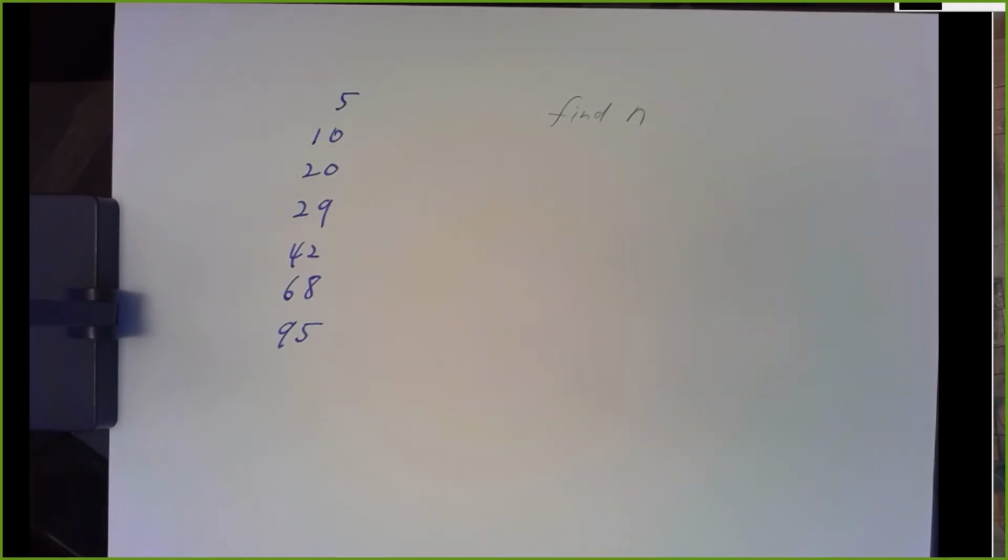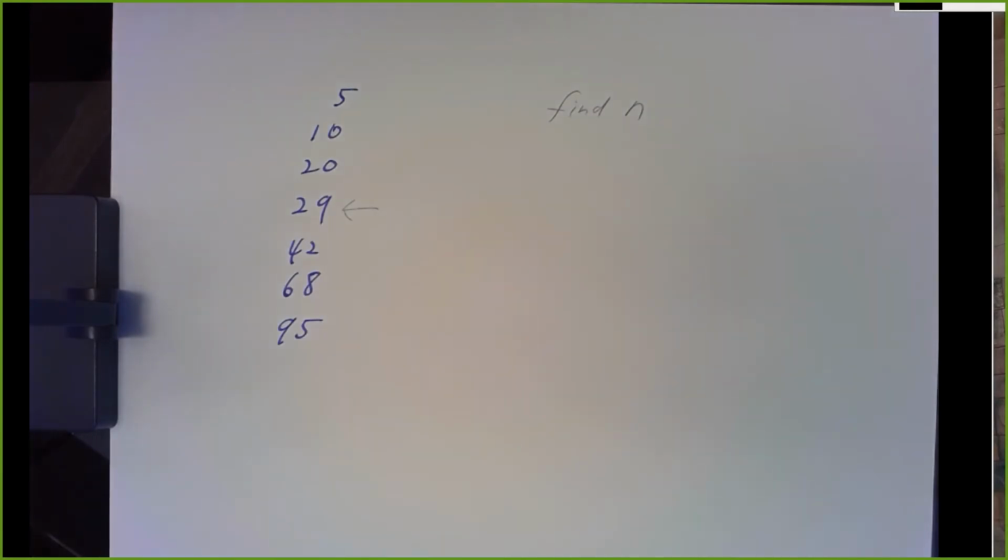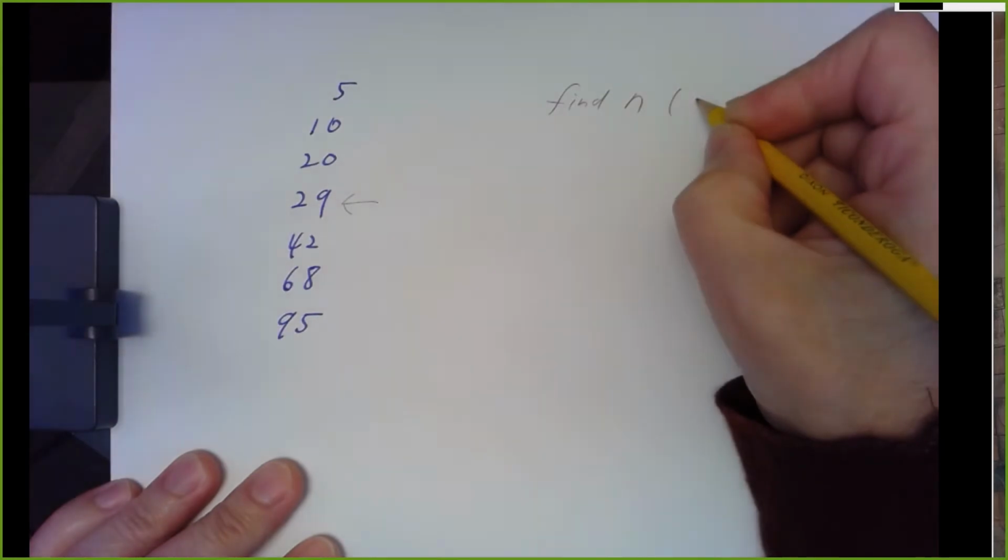What's our first comparison that we make? What do we start checking? The midpoint, right? We check this number, 29. And we say, hey, is 29 bigger than or less than or equal to n? And let's suppose that we're searching for the number 42.